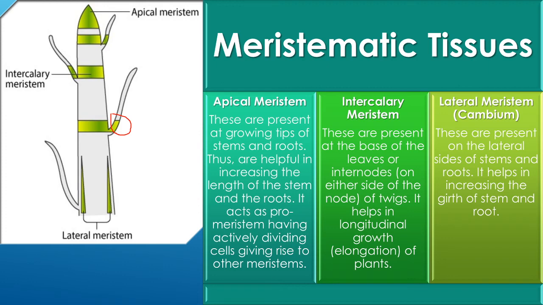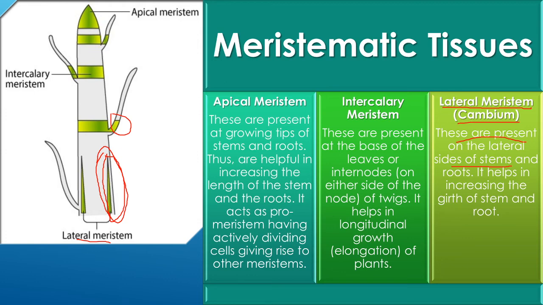And the last of the meristematic tissues is the lateral meristem, which is also called cambium. This meristematic tissue is present at this part. This is the lateral meristem, and these are present on the sides of stems, as you can see in this picture, and they help in increasing the girth.